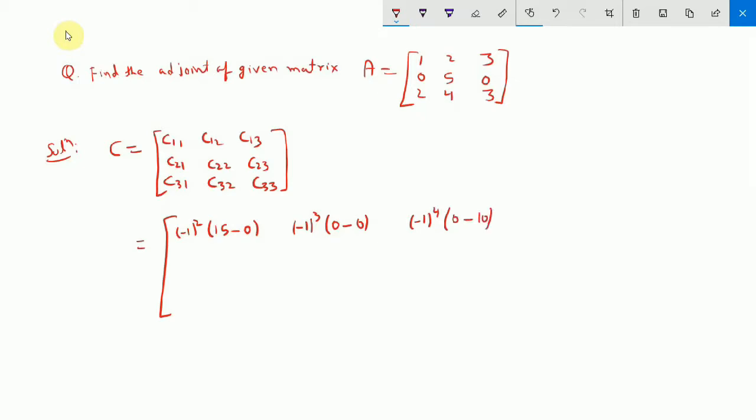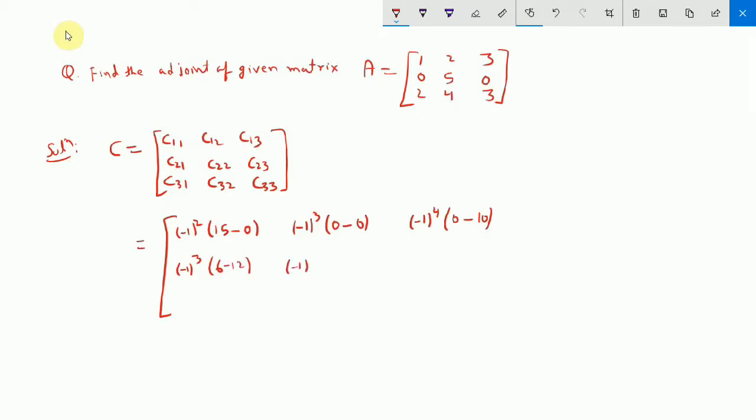Similarly, for the second row, C21 will be minus 1 to the power 2 plus 1, that is 3, and it will be 2 into 3, so 6, minus 4 into 3, 12.